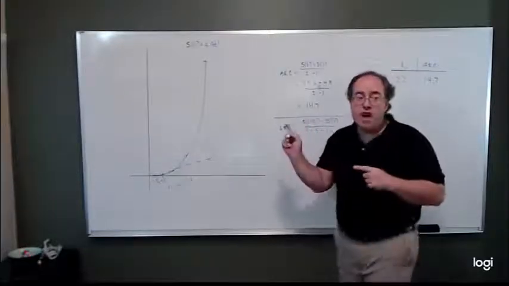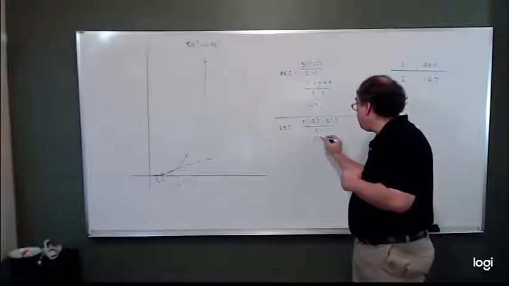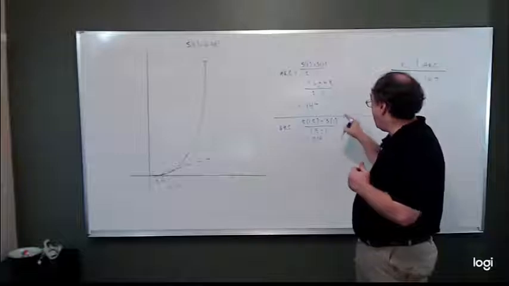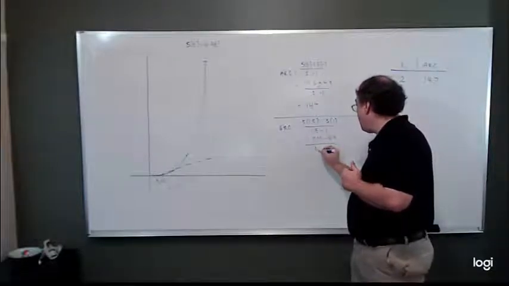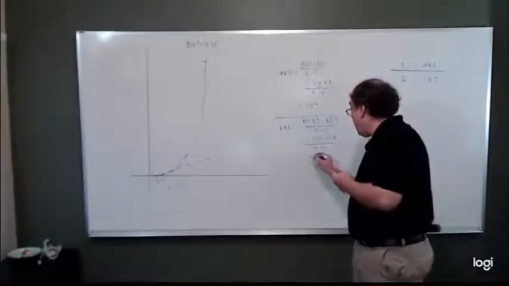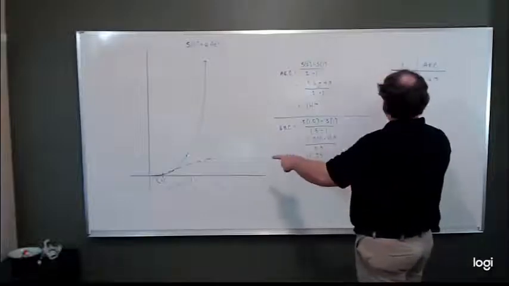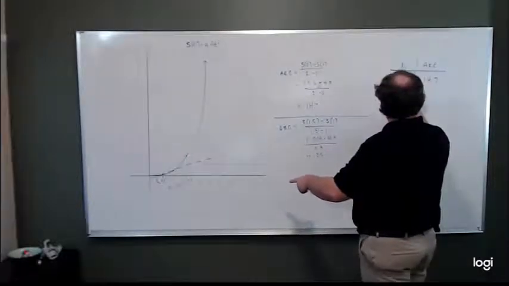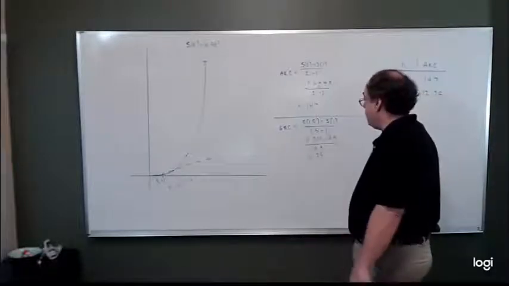You put 1.5 into our function and this comes out to 11.025. S of 1 is still 4.9, divided by 0.5. Again, on your calculator, this is 12.25. So when t is 1.5, the average rate of change is 12.25.